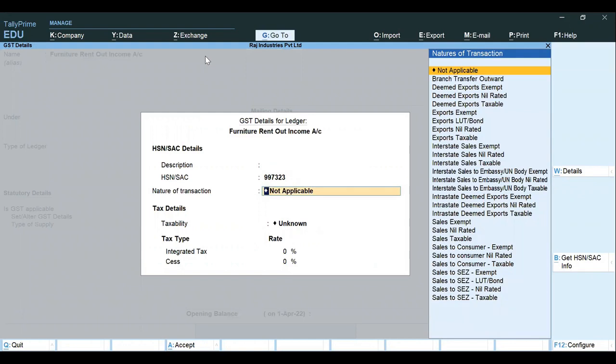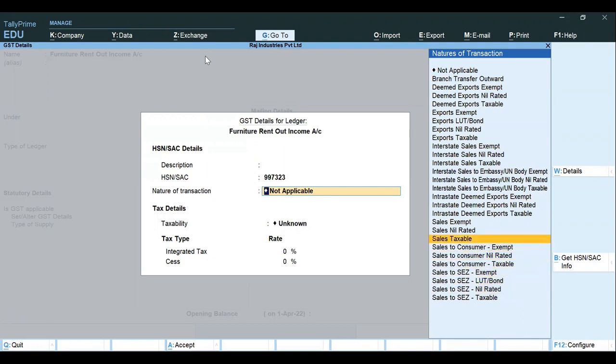Now, nature of transaction. You have noticed that when we were talking about expenses, in my list of nature of transactions, I could see everything related to purchases. Now, this is your indirect income, or rather, the group is income account. And therefore, whatever nature of transaction options you're seeing on your right hand side screen, everything is related to sale.